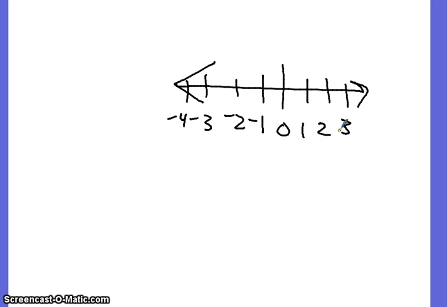Graph every integer greater than -4. Do integers include fractions and decimals? No. So if I needed to graph every integer greater than -4, then I'm going to put a dot.